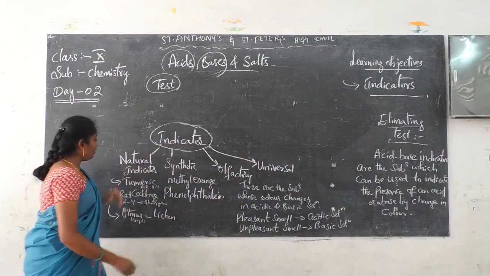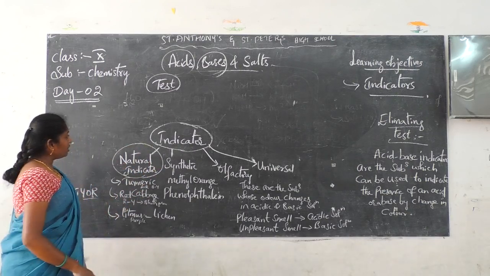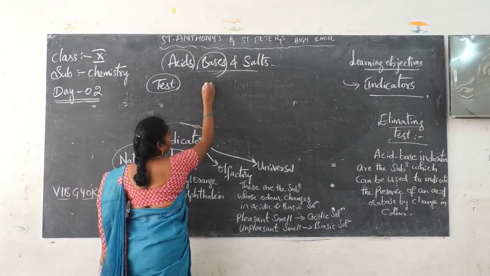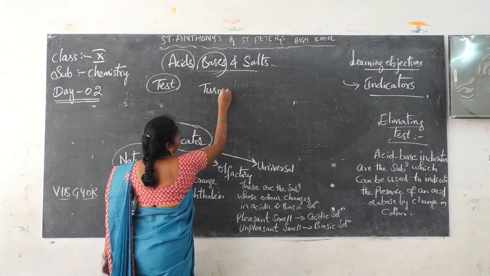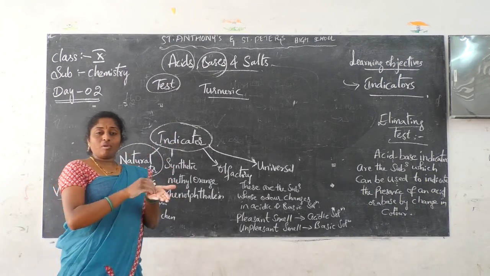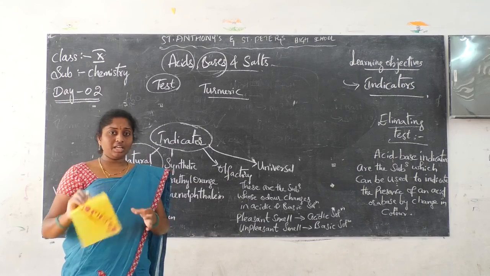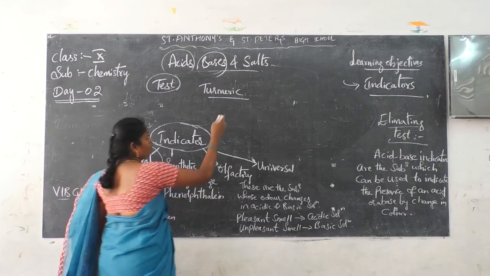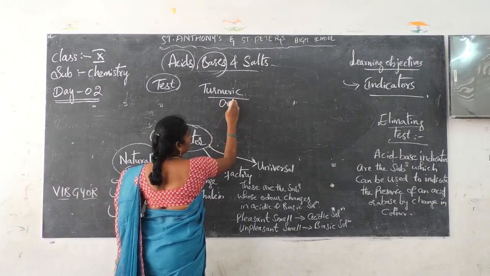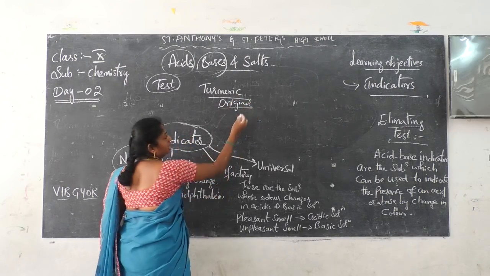First of all, we will talk about the natural indicator. In the natural indicator, just now we took the turmeric powder, mixed it with water into a paste, and applied it onto this. We did this activity. What is the original color of turmeric? It is yellow.